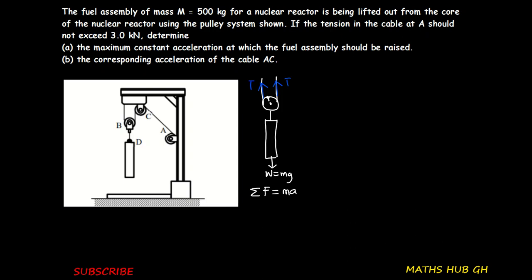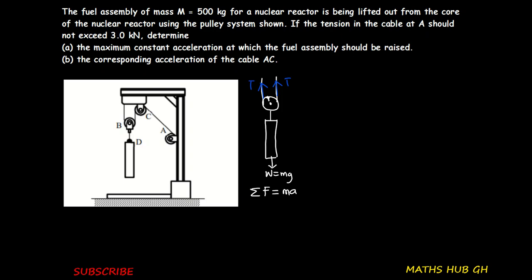We've been told that the tension in the cable at point A should not exceed 3 kN. Let's take note of that. We are going to assume that the cable is massless, or the mass of the cable is negligible, and that the pulley system is an ideal pulley system, which means that it is frictionless, and the pulleys have negligible mass.